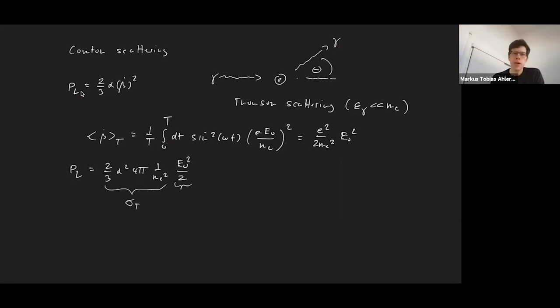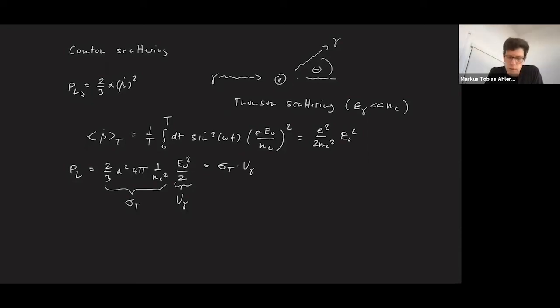And the second part is equivalent to the total energy density of the radiation, so this will be U gamma. So the total power emitted by the Thomson scattering of an electron at rest is simply given by the Thomson cross-section times the energy density of the background radiation. Very simple expression.